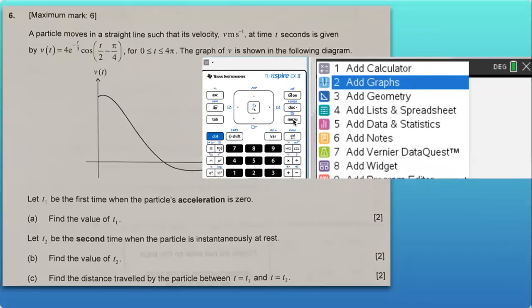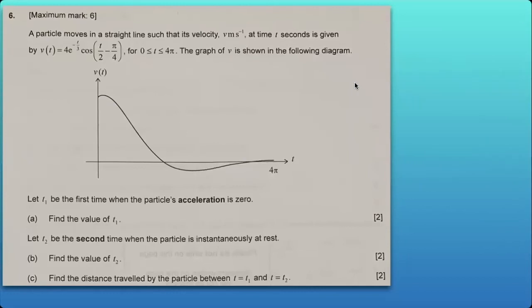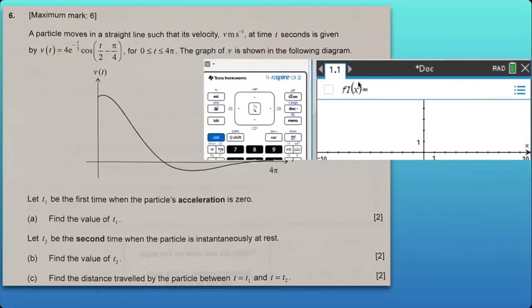Let's take out the calculator. Choose menu and then choose graph, and then input this function. Keep in mind the calculator only recognizes x. Therefore, that t must be changed to x.